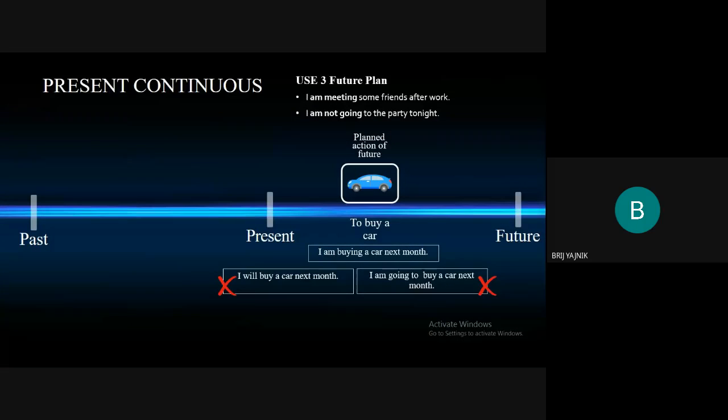But when in time he has tickets in front of him, or he has even booked his flights, these are the evidences that say the probability, the certainty of this event happening in future has increased to some level. So then he can say, I'm going to go to Dubai. Right. So then the form changes from am going to.